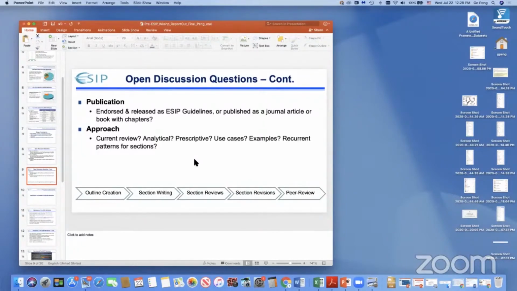And I will talk about some preliminary outcomes from the workshops that would serve as background when you're thinking about it. So please put your comments into chat or in the notes.